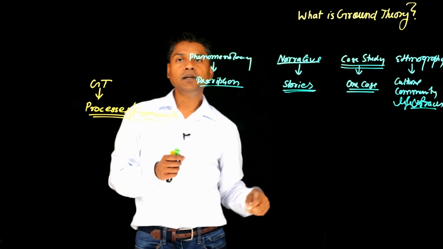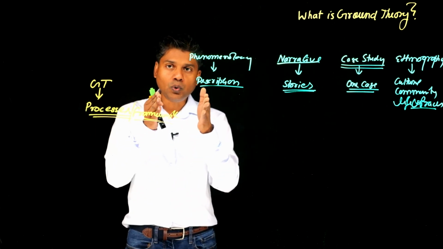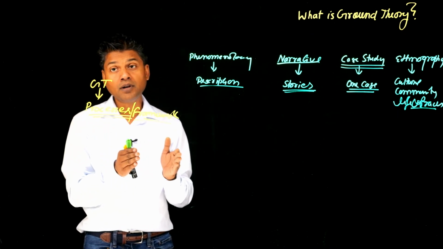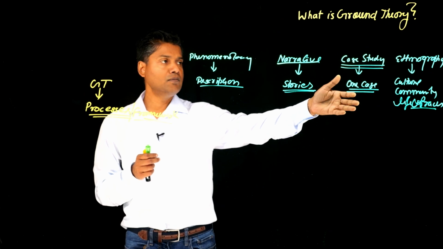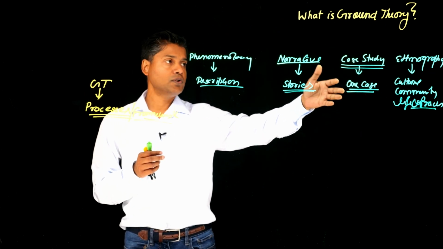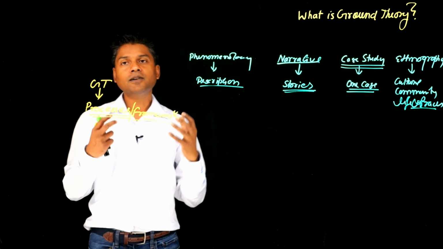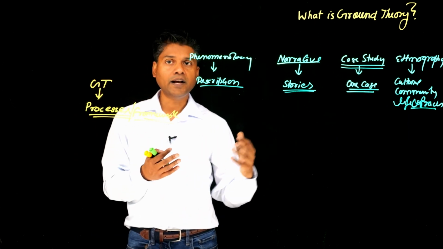In case study, your focus is on one case, and you try to go into deeper analysis of that one case or maybe a cluster of cases. So you try to bound the case based on geography or certain criteria. In ethnography, your focus is on understanding a culture, a community, and the practices they have.